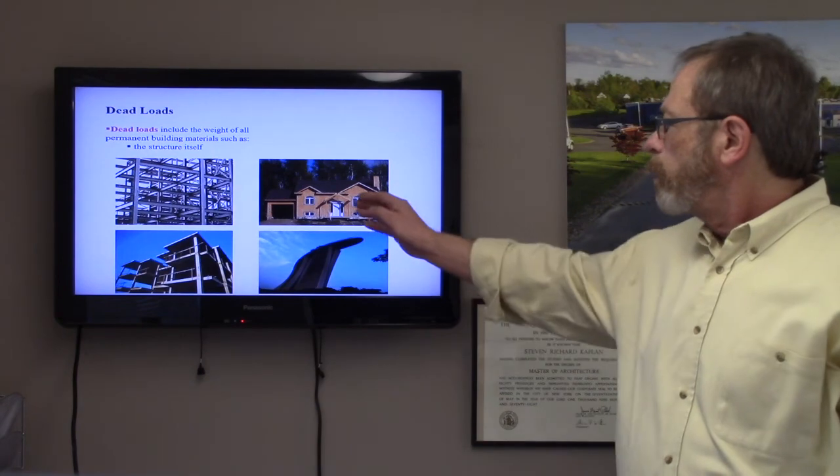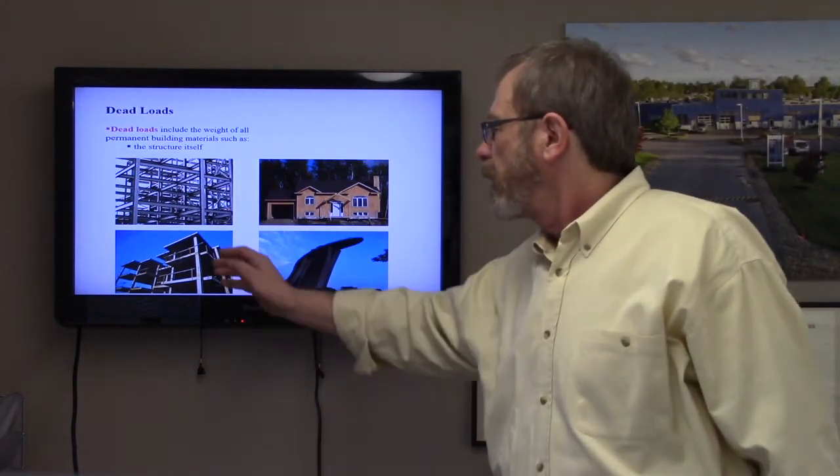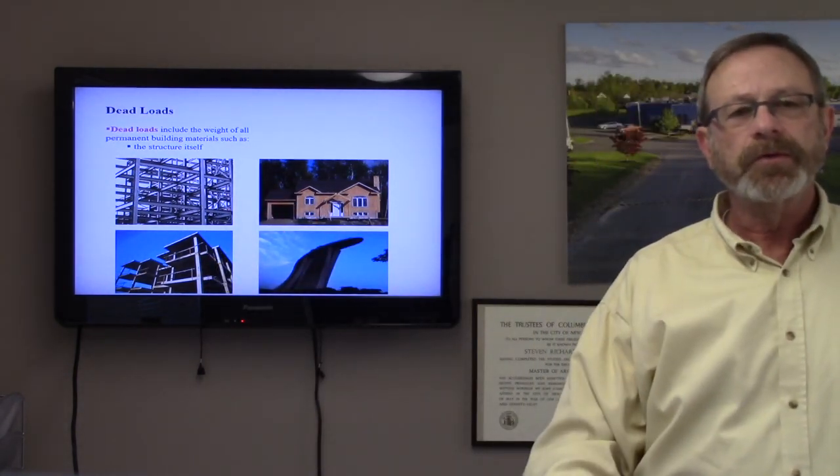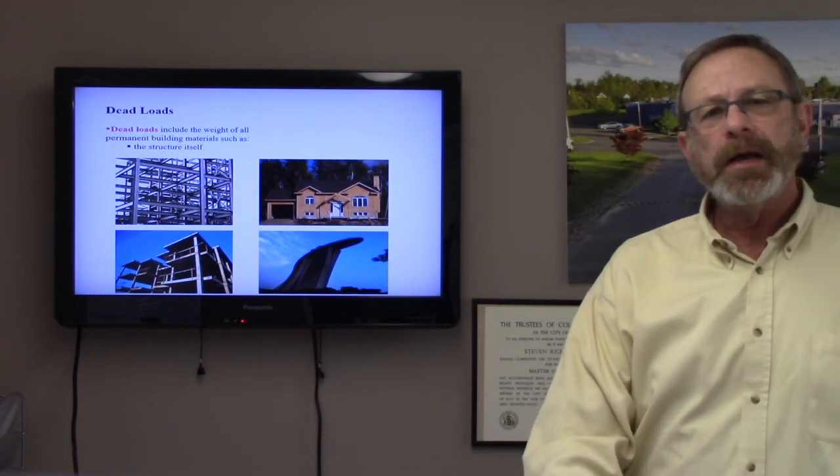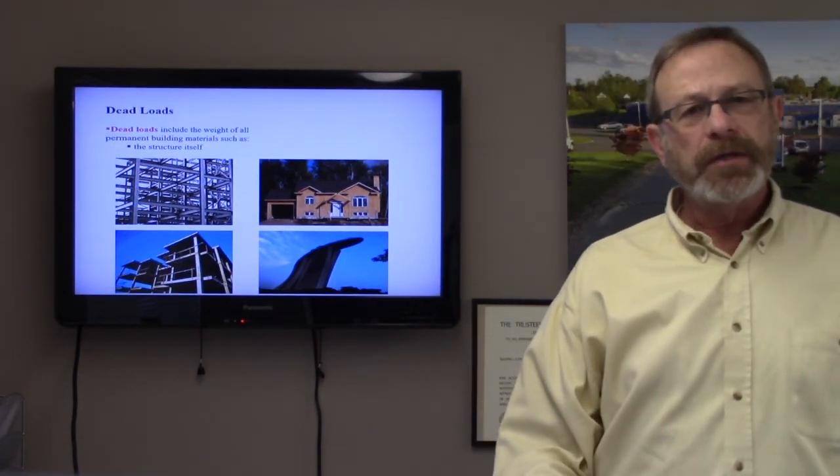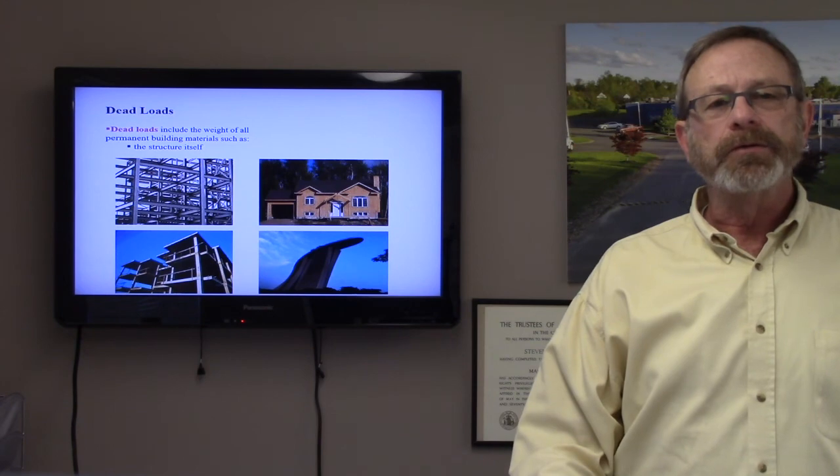Here we have a wood structure, a steel structure, and a concrete structure. So the weight of the objects that comprise the structure itself are the dead loads.